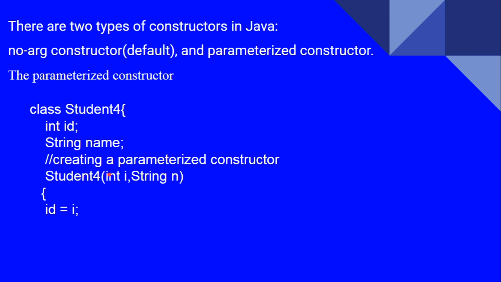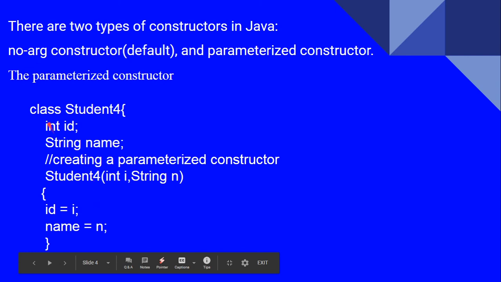Inside this we have int i and String n. These are the two parameters for this constructor Student4. We have explicitly declared int i and String n as two parameters for the constructor Student4, so this is an example of a parameterized constructor. Inside the constructor we can have statements which initialize the data: id is equal to i and name is equal to n.